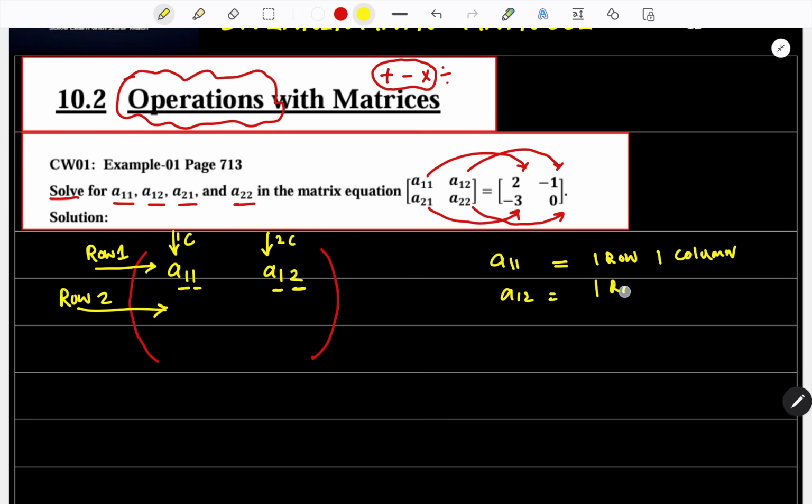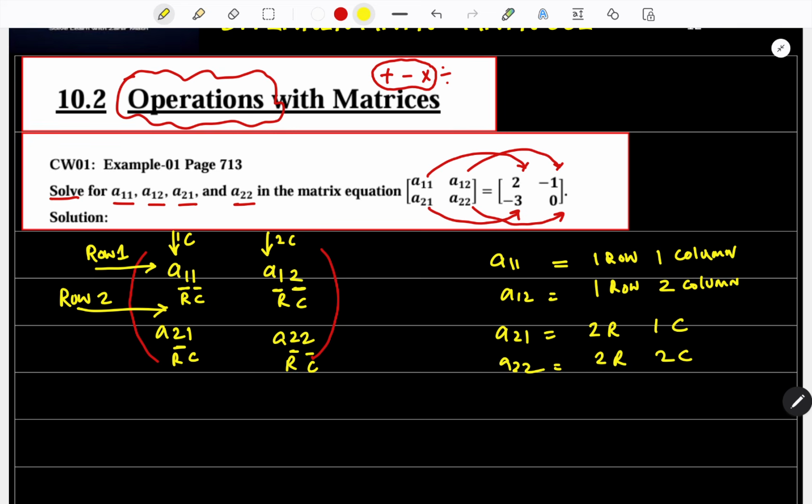A12 means first row, second column. Okay, next. A21. First is what? Row, column. Row, column. So A21 means second row, first column. And A22 means second row, second column.